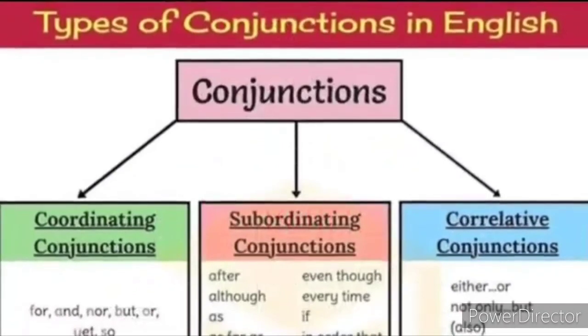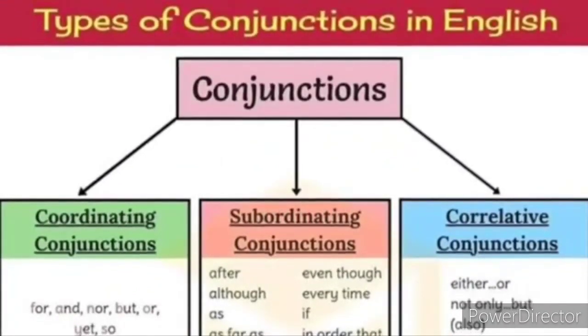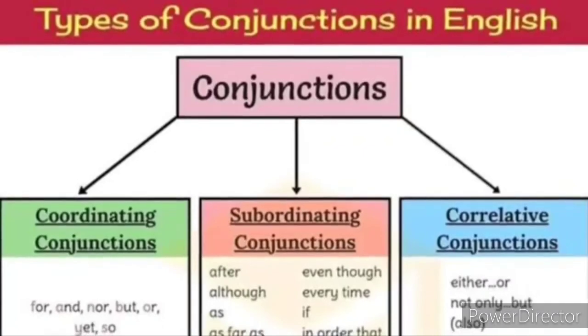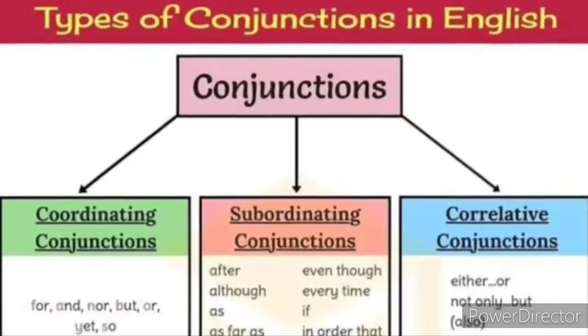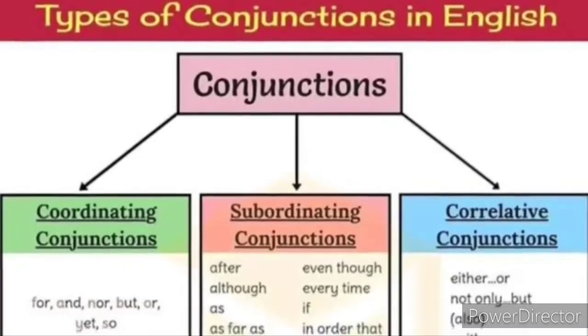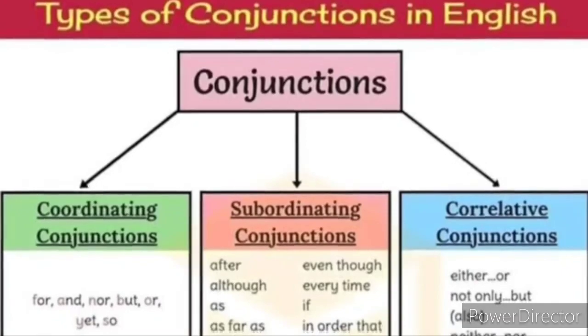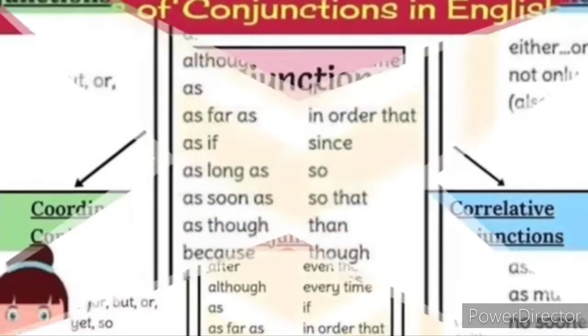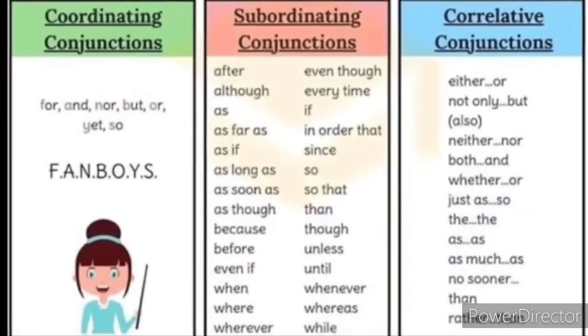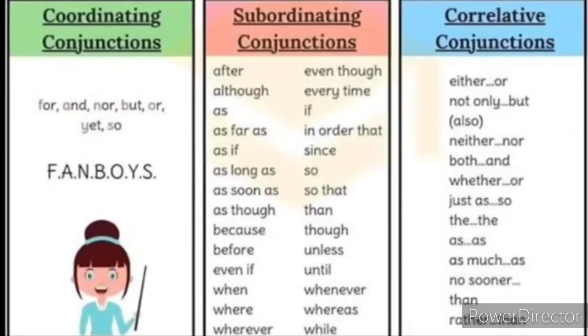So children, that's all from conjunctions and their types. Today in this session we have learned what is meant by conjunction and the types of conjunctions: coordinating conjunction, subordinating conjunction, and at the last, correlative conjunctions. The coordinating conjunctions are for, and, nor, but, or, yet, so.